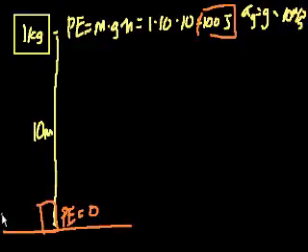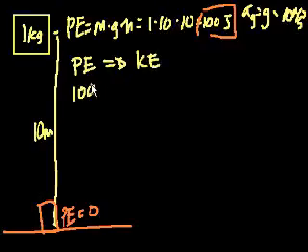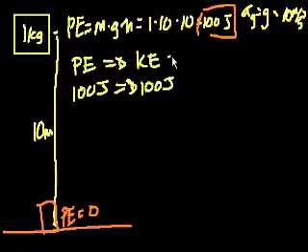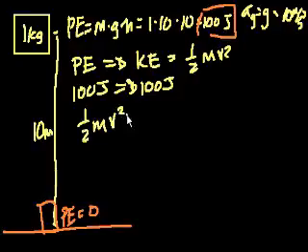So how do we do that? Well, what's the formula for kinetic energy? We solved it 2 videos ago, and hopefully it shouldn't be too much of a mystery to you. It's something good to memorize, but it's also good to know how we got it, and go back 2 videos if you forgot. So first we know that all the potential energy was converted into kinetic energy. We had 100 joules of potential energy, so we're still going to have 100 joules, but now all of it's going to be kinetic energy. And kinetic energy is 1/2 mv squared. So 1/2 mv squared, or the kinetic energy, is now going to equal 100 joules.